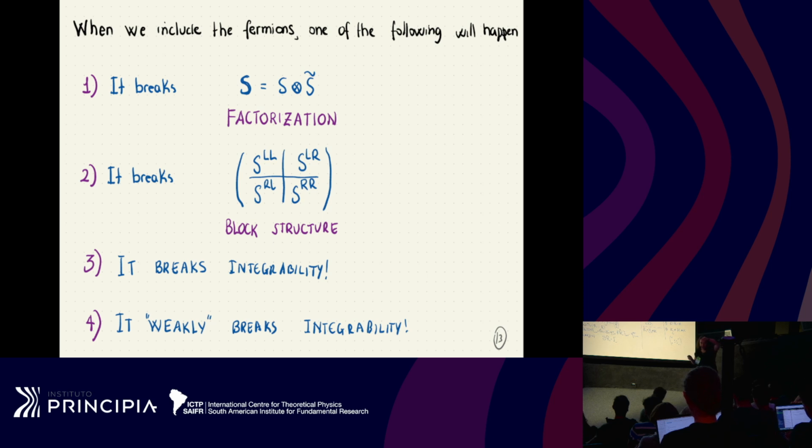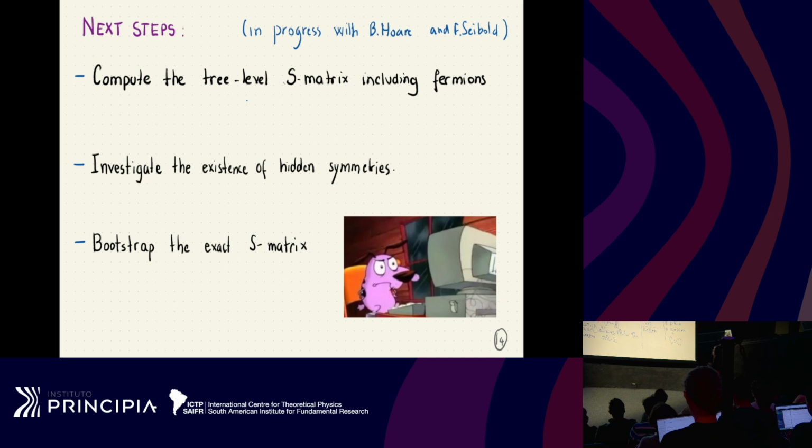What we think could happen is that perhaps you need this twist there, so there is a breaking of integrability to satisfy this Yang-Baxter that is not co-associative. But to know that, we need to finish and compute the S-matrix. This is what we are doing at the moment.